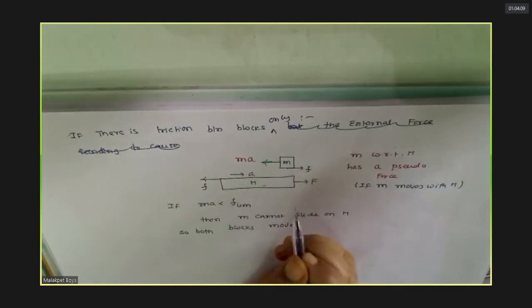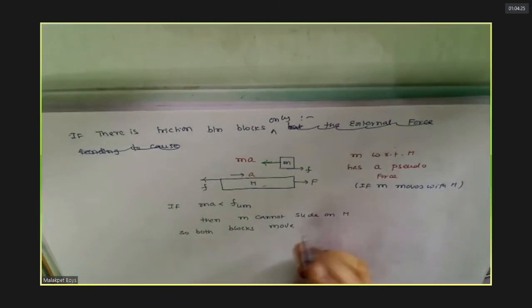So you have to consider that only, no? Yes, sir. Followed. Is it clear? Clear. Only the pseudo force is the cause of the motion of the upper one, no? Yes, sir.